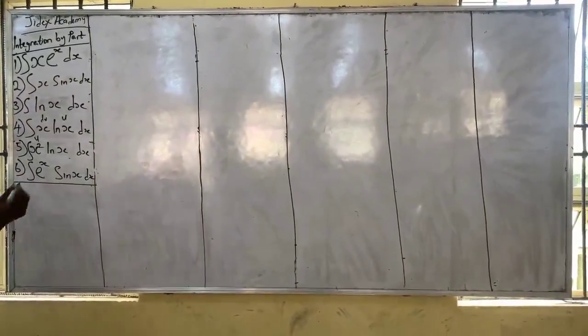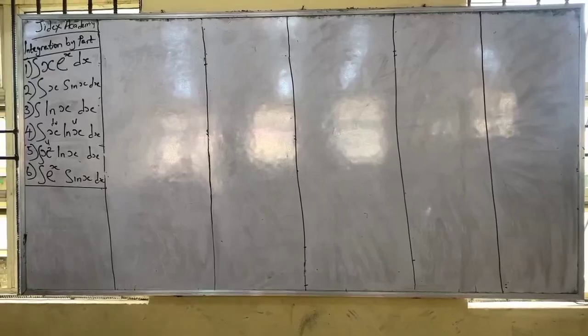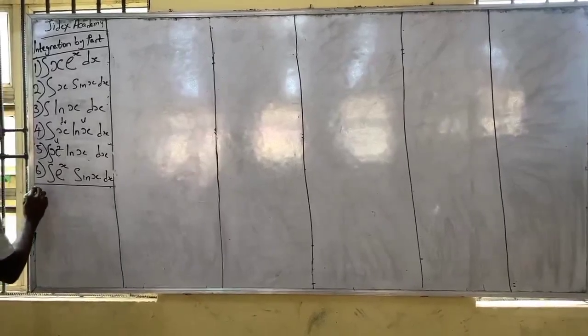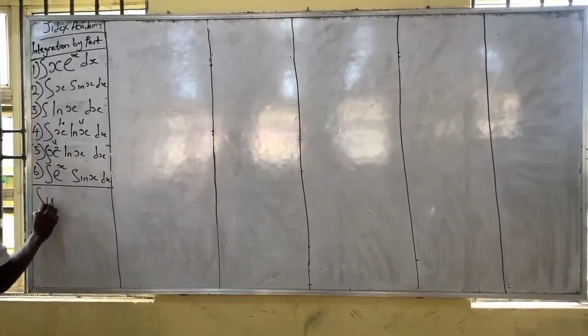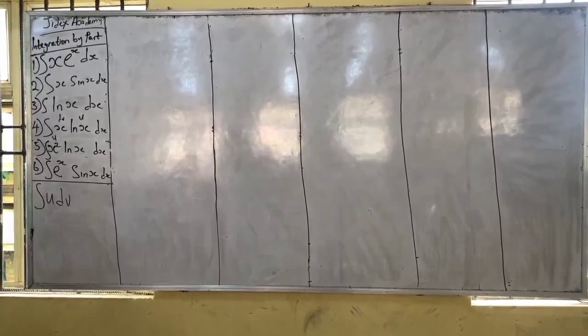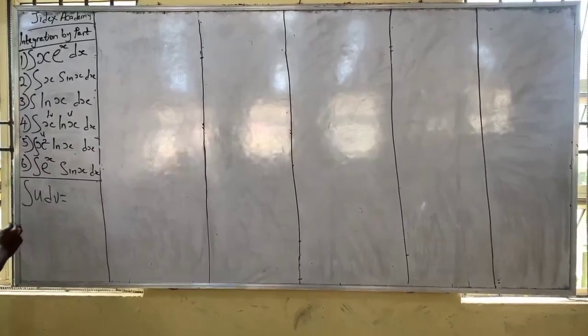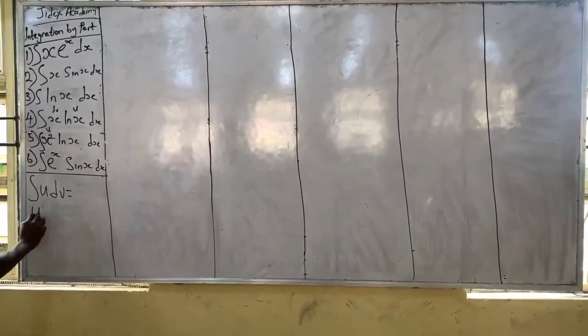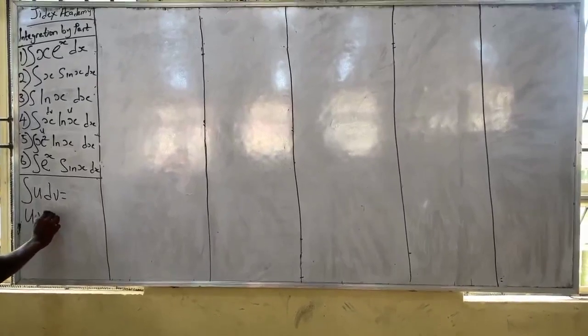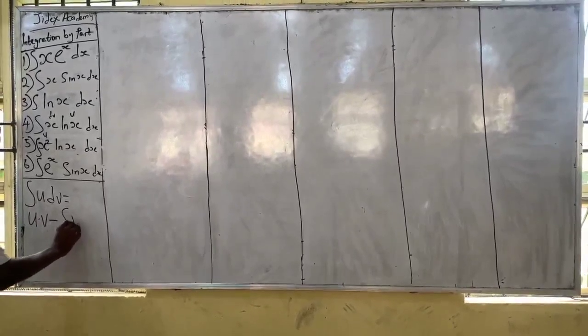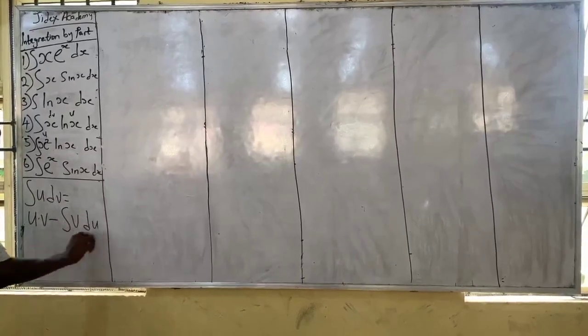Now, without wasting much of our time, how do you apply integration by parts? The law states that when you have the integration of u dv, it is equal to u times v minus the integration of v du.